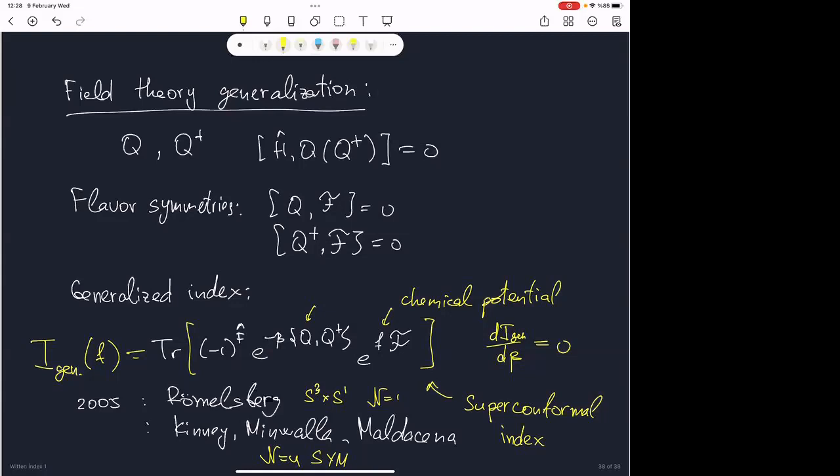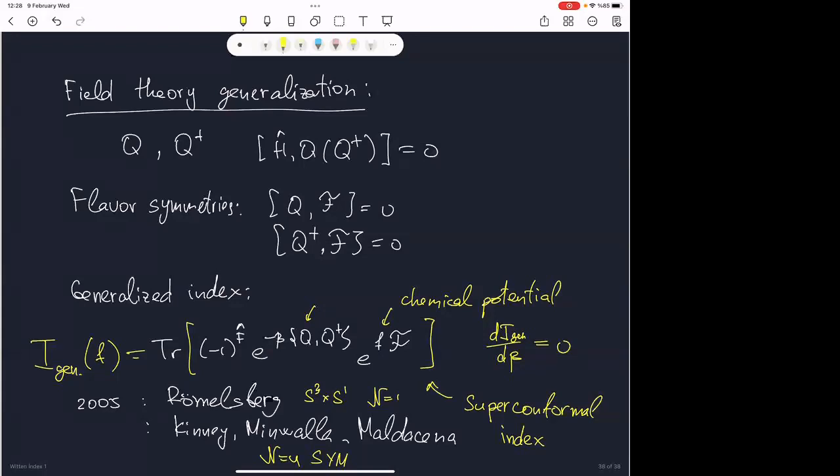You count BPS operators here, not all of them of course, but depending on how many supercharges you have in your theory. But coming back to the point, how do we compute this index using the path integral?